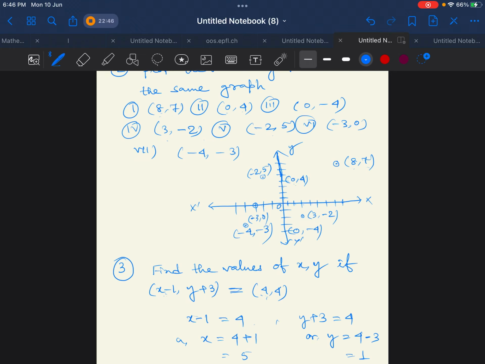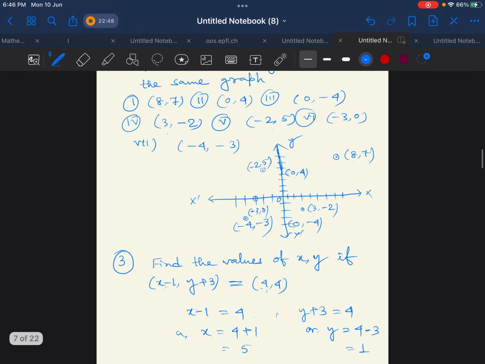So 1, 2, 3, 4, here we take the point 0, 4. Next 0, minus 4. Along y-axis the value of x is 0, but this is minus 4, so going downward 1, 2, 3, 4, we get the point 0, minus 4.